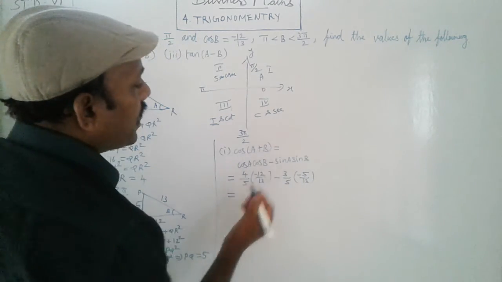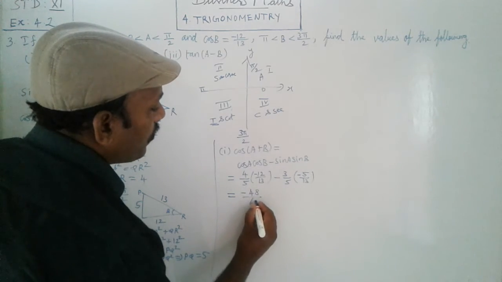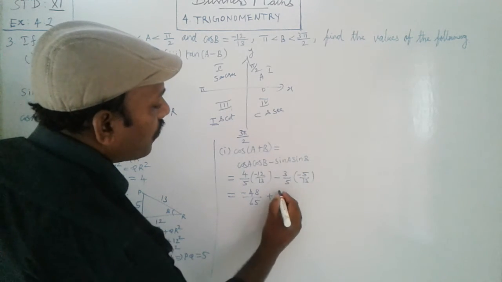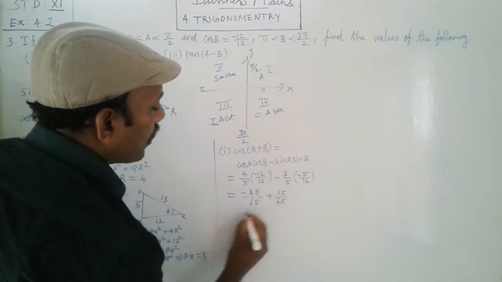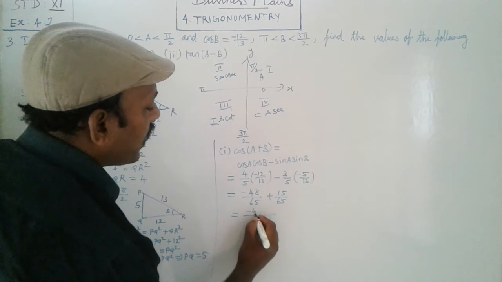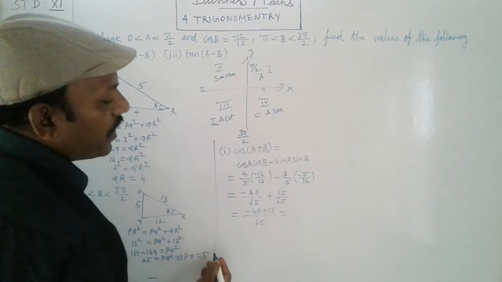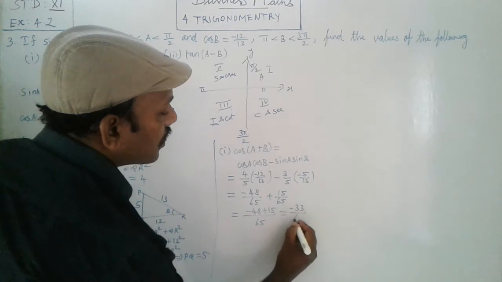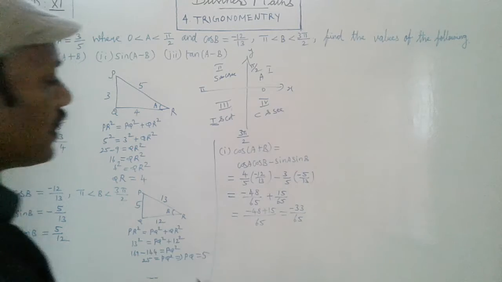Now 4 into minus 12 is minus 48 divided by 65, minus into minus is plus, 3 5s are 15 divided by 5 13s are 65. Take the LCM, 65. Minus 48 plus 15 is minus 33 divided by 65. So cos A plus B value is minus 33 divided by 65.